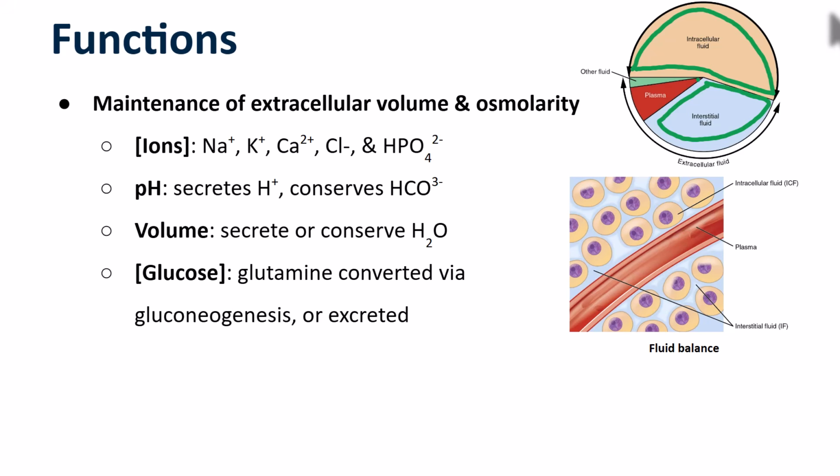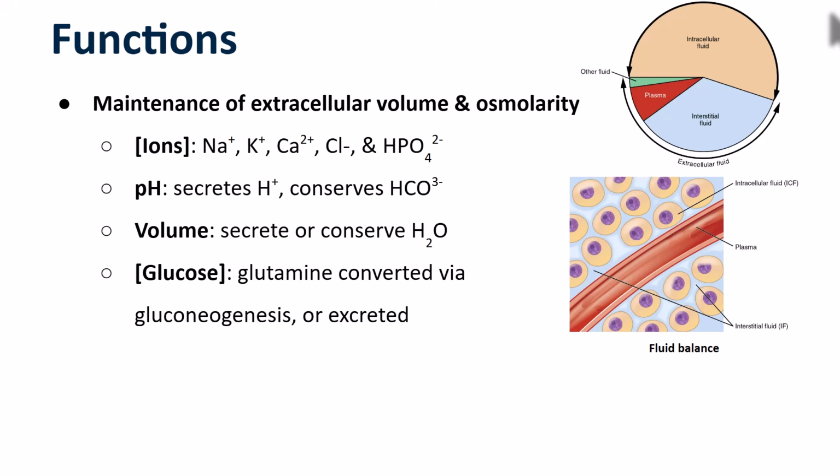Then there is the plasma within our blood, and then other fluids, things like lymphatic fluid, cerebrospinal fluid, and your kidneys are a dynamic filter that will affect all of these fluids because they are contiguous. There are processes of exchange of materials between all of them.